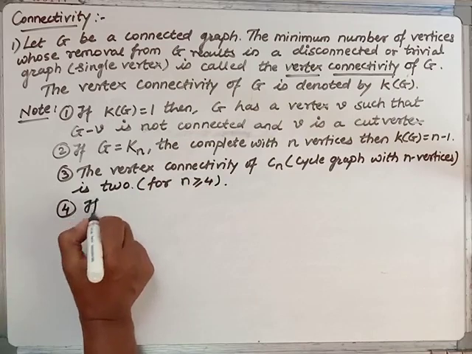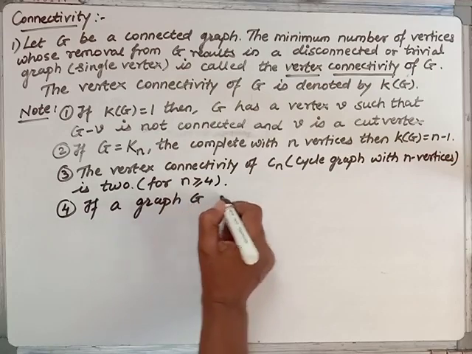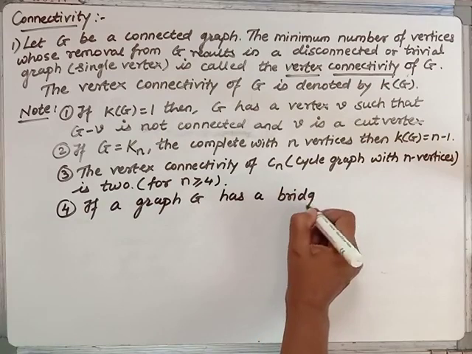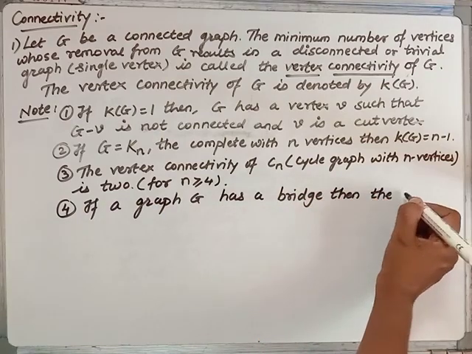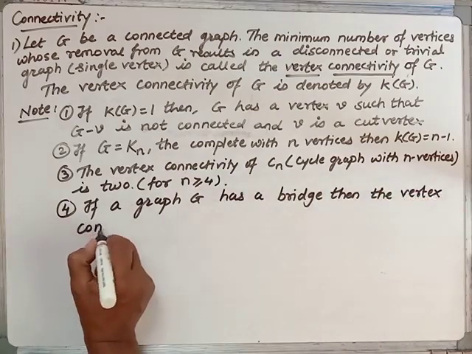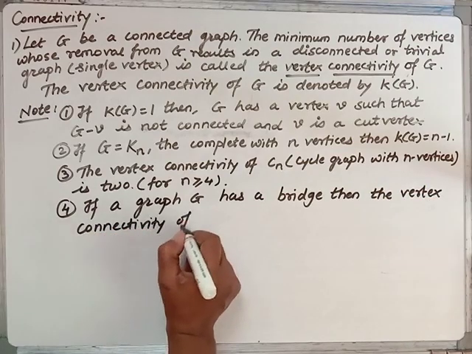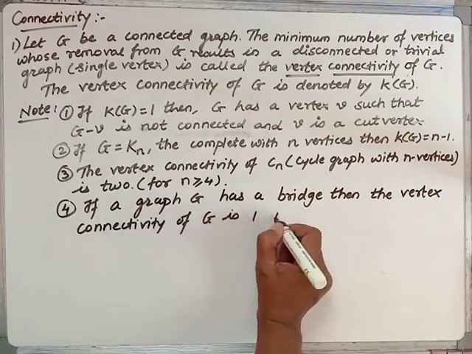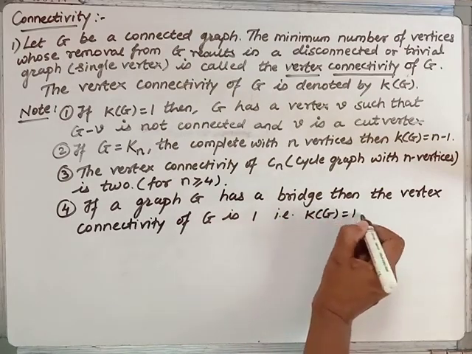Fourth, if a graph G has a bridge, then the vertex connectivity of G is 1. That is, K of G is 1.